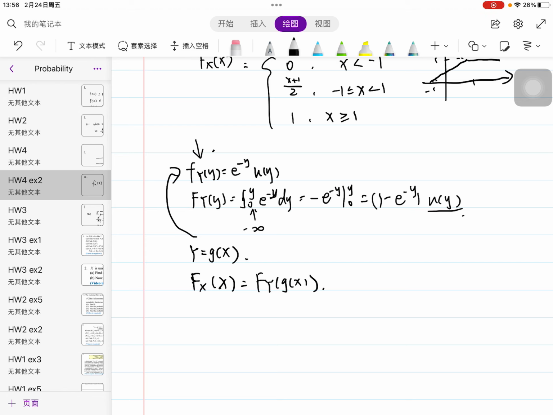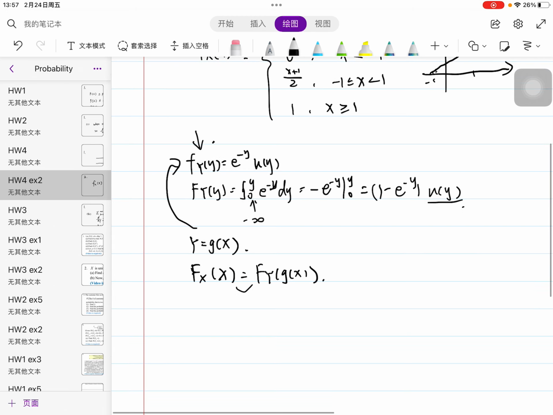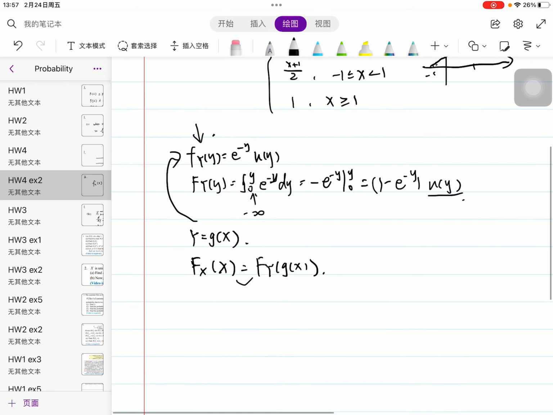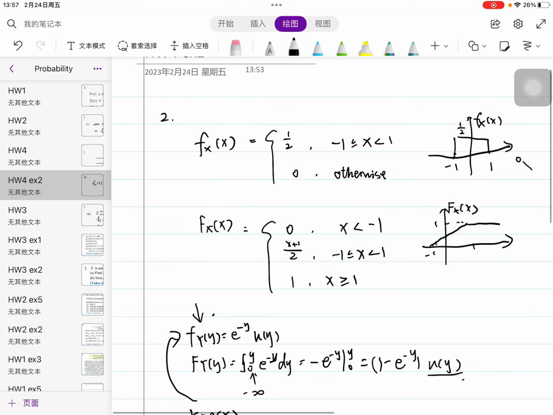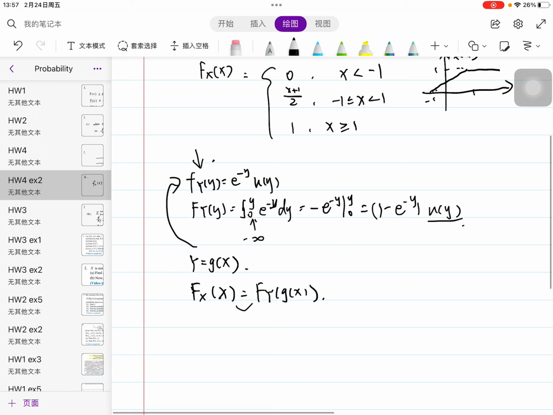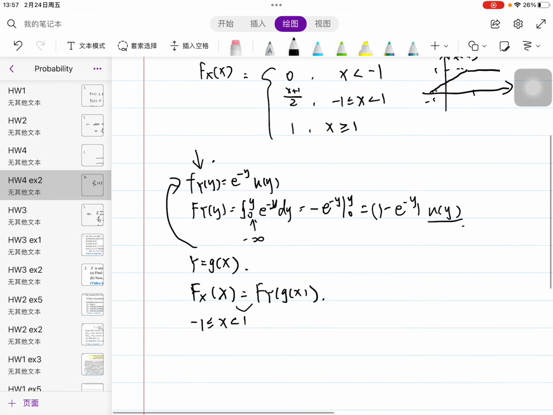Since y is a function of x, that should be true at some point. So we could get some point to solve this equation to get what we want. So maybe we could get a point from when x is between -1 and 1.